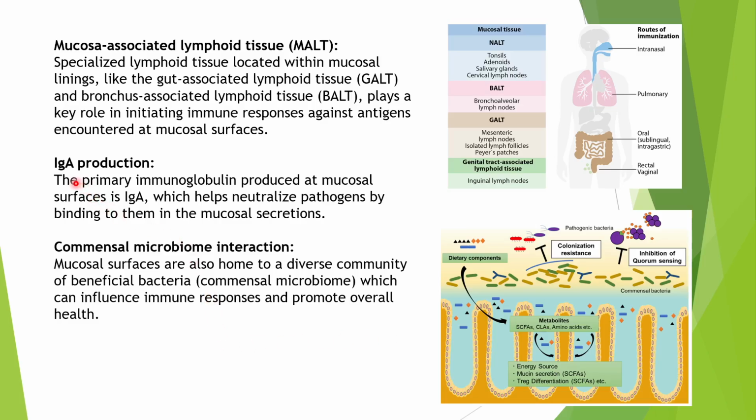Then IgA production. The primary immunoglobulin produced at your mucosal surfaces is the IgA type. There are several different types of immunoglobulins, IgA, IgG, and so on, but out of all these, IgA is for your mucosal surfaces. It helps to neutralize pathogens by binding to them in the mucosal secretions.